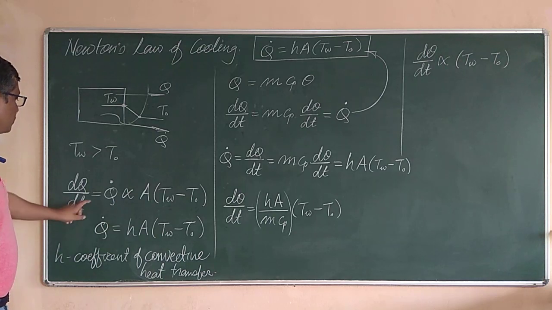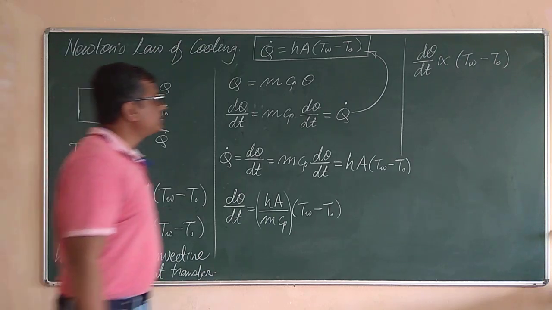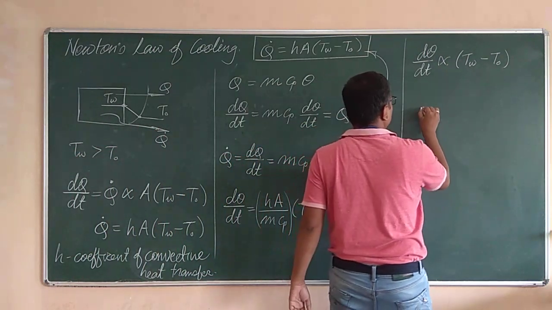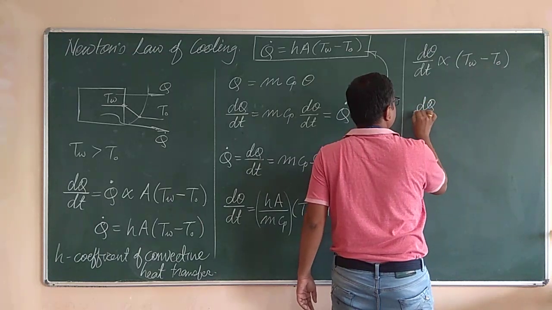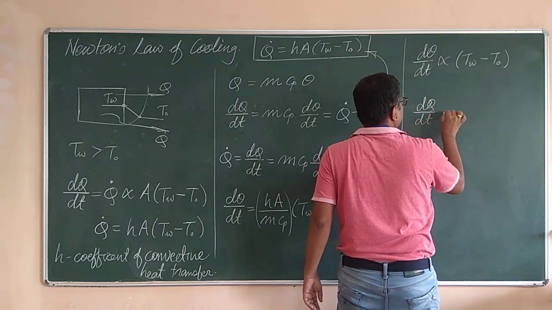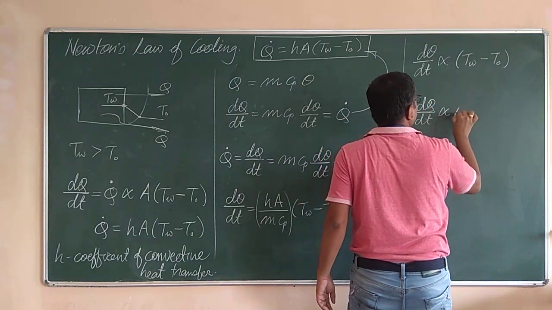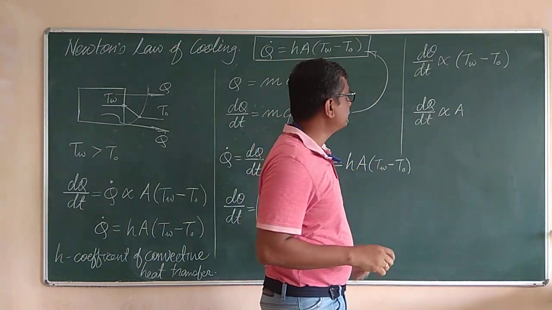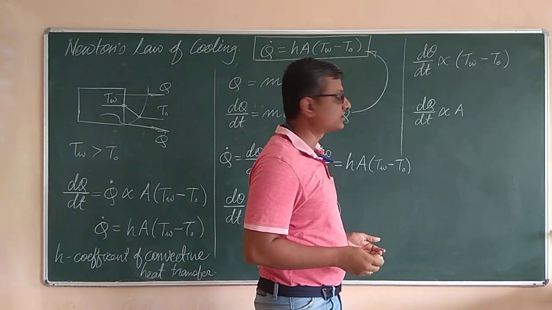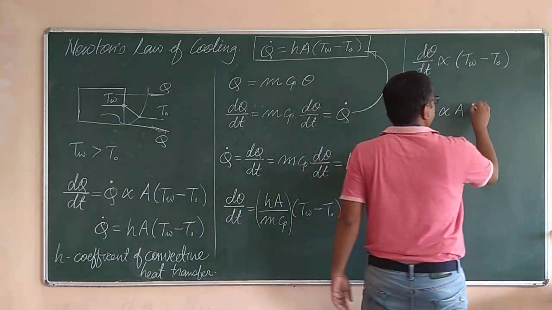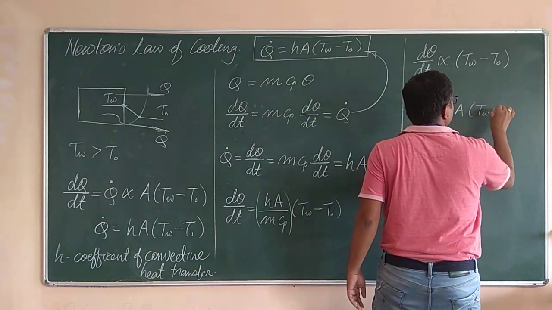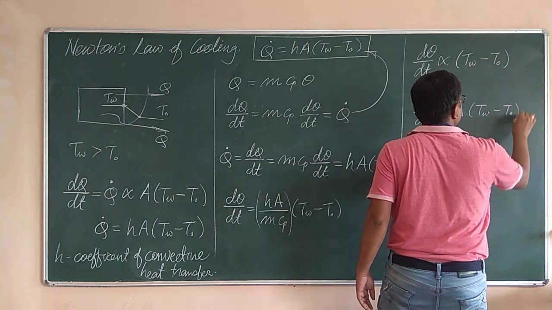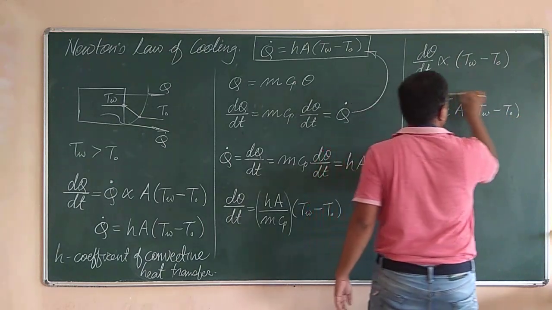One of them is here, that is dQ by dt. I would like to write both the statements. dQ by dt is proportional to the area normal to the flow of heat, or roughly the surface area, and the temperature difference between the body and the surrounding fluid. This is one statement of Newton's law of cooling.